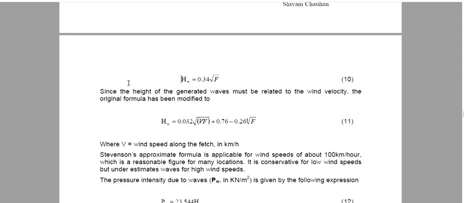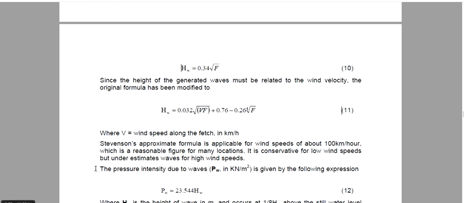Now, in the wave pressure, when the height of wave is calculated, the incorporation of wind velocity in the wave height will lead to a modification of the previous formula, in which F is replaced by the product of V and F, so Hw is equal to 0.032 square root of VF plus 0.76 minus 0.26 F to the power 1/4, where V is the wind speed along the fetch in kilometers per hour.